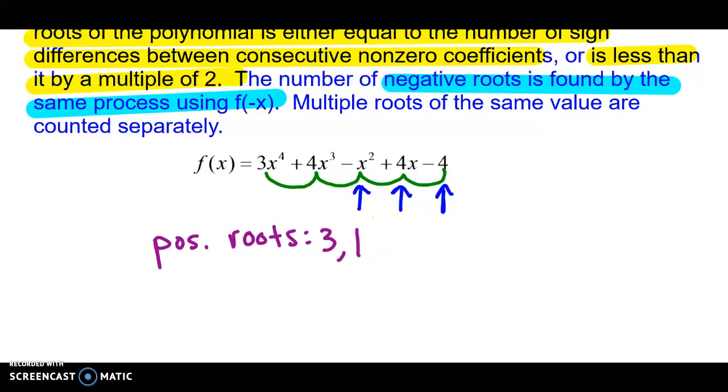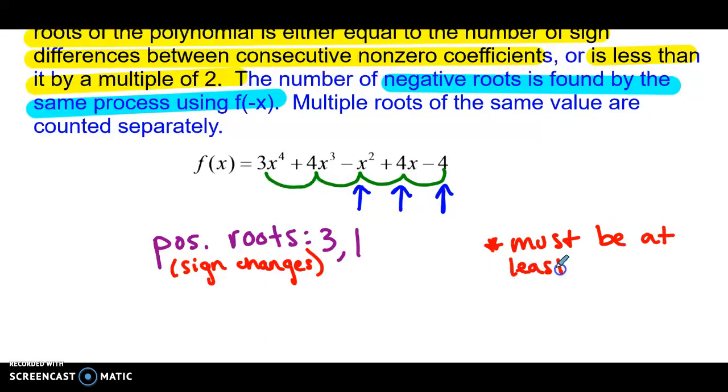Okay, so we're taking a look at the number of sign changes. So just note here, there must be at least 1 positive root.